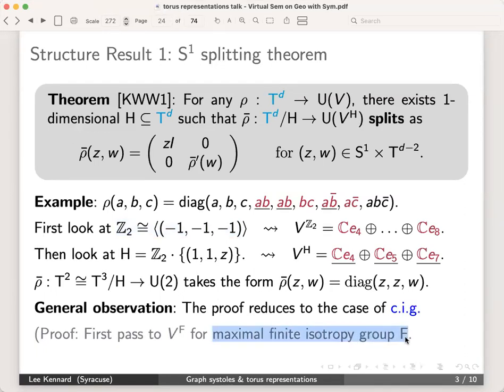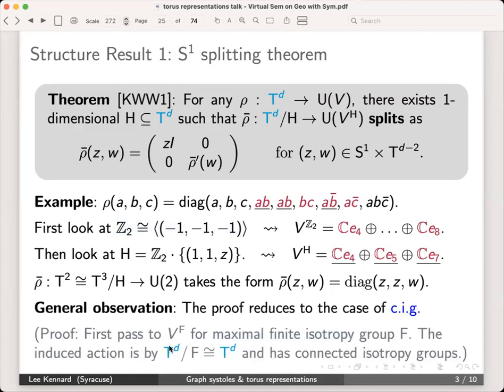You look at its fixed point set. Now the induced action of the torus is on a smaller dimensional vector space, but this torus is a torus of the same size as the original one. So by induction, you can, what am I saying? Not by induction. Sorry, I'm proving something different.